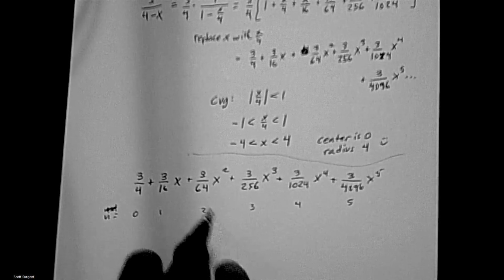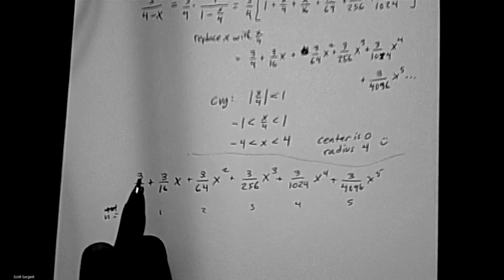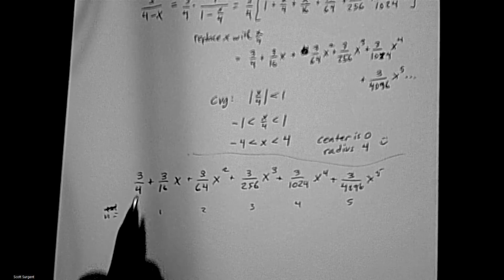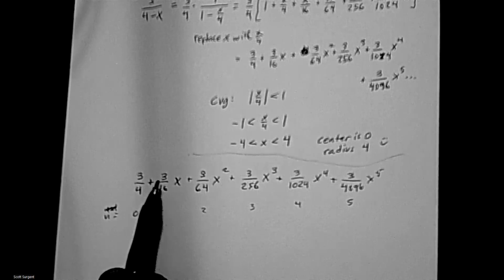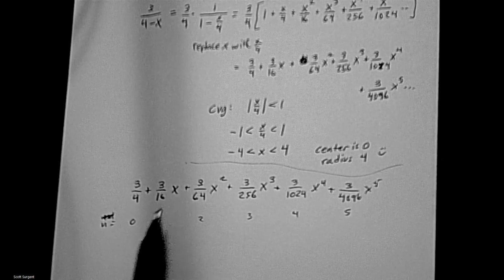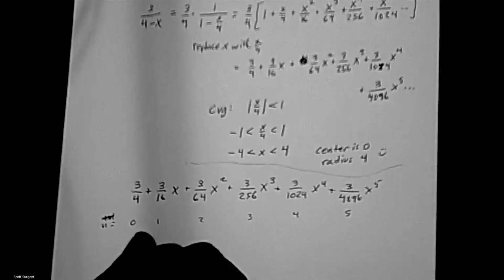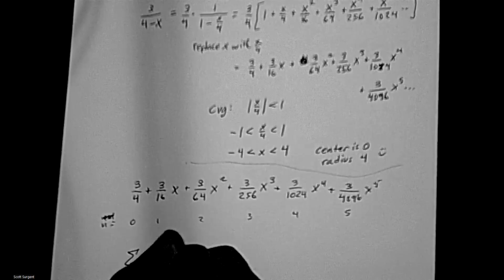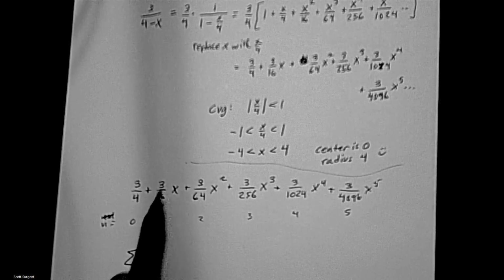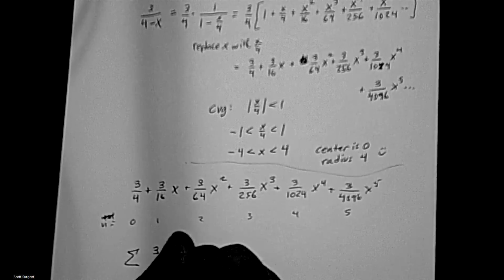Because this is really just 3/4 times x to the 0, right? Notice that the 3 is actually not changing. The 3 is staying 3 all the way through. The x's are just to the power of n.